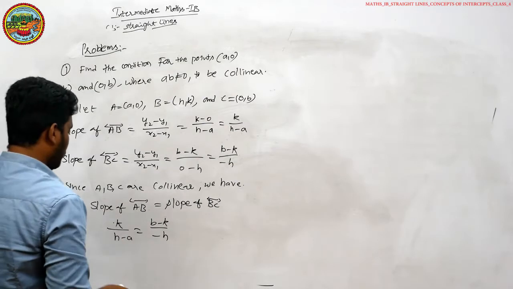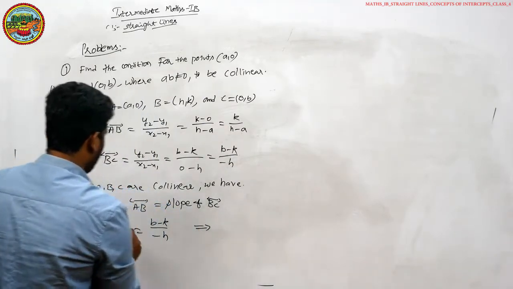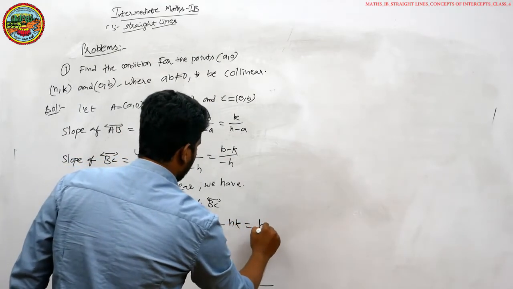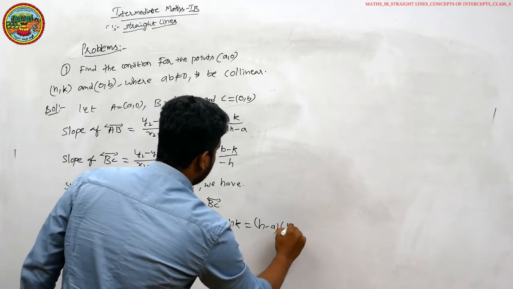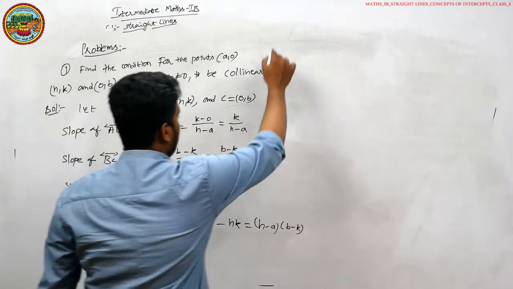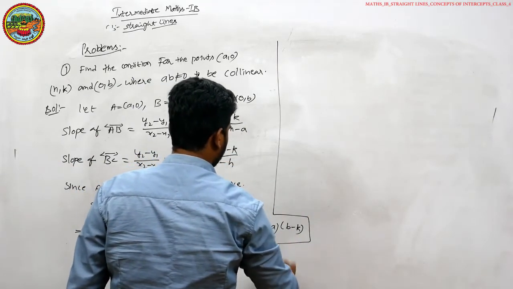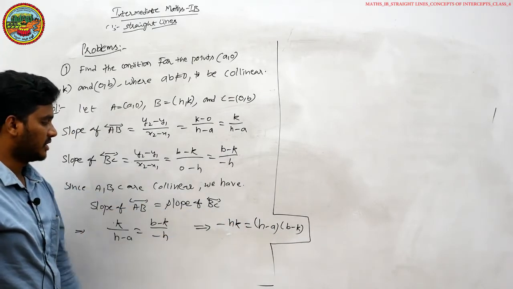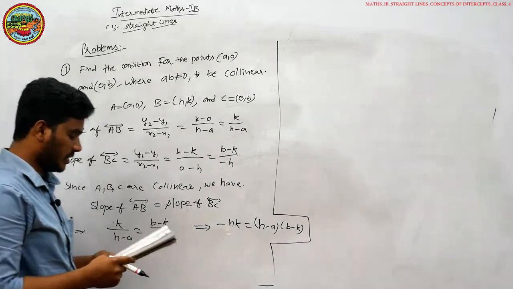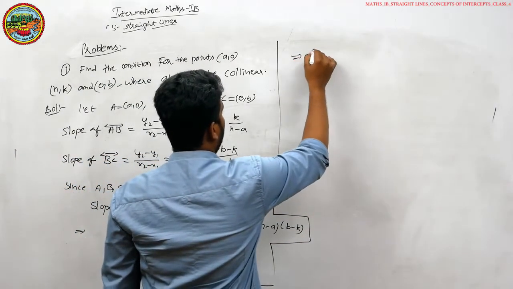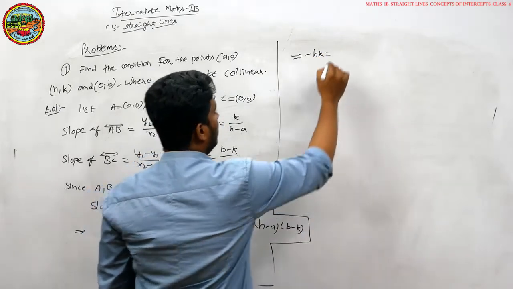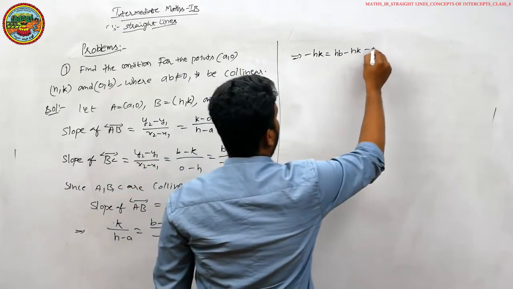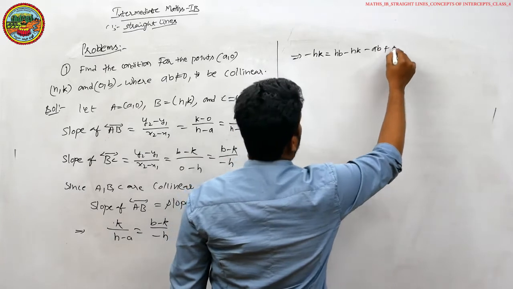Okay. So now, by cross multiplying we get minus hk is equal to h minus a into b minus k. Now minus hk is equal to hb minus hk minus ab plus ak.